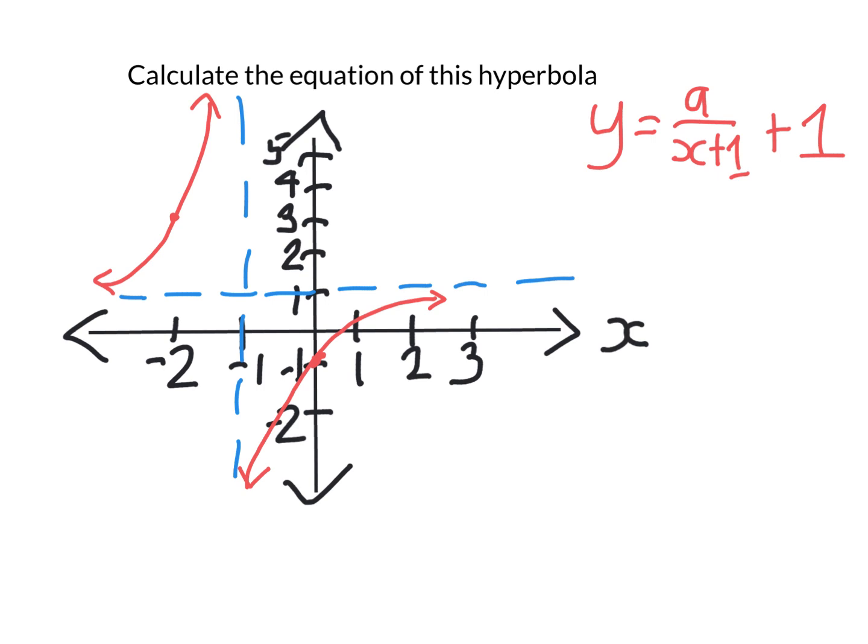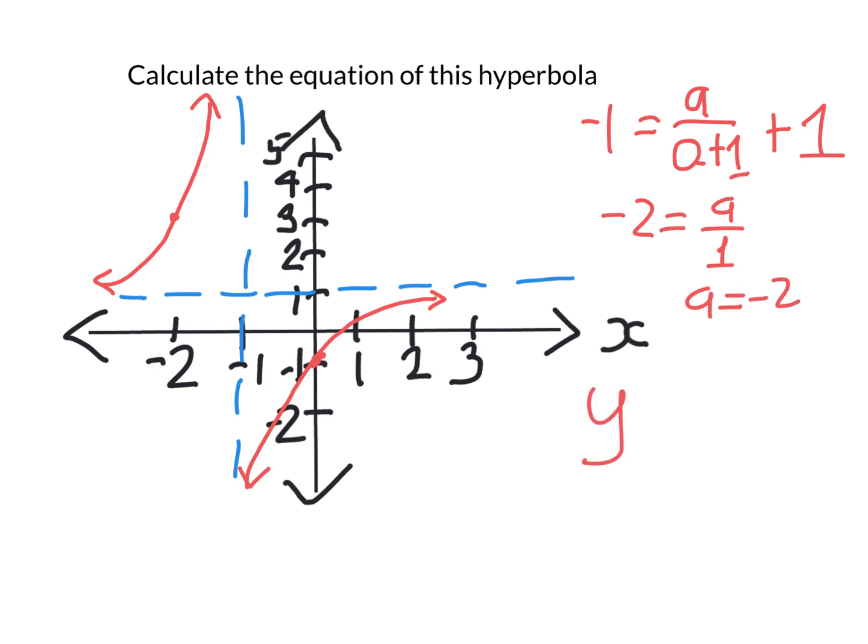So what I'm going to do to find a is I'm going to substitute x for 0 from that point, and we're going to substitute y for negative 1. So this is a very easy equation to solve. We're going to subtract 1 from both sides. Of course, a over 0 plus 1 is just a over 1. We get a equals -2.